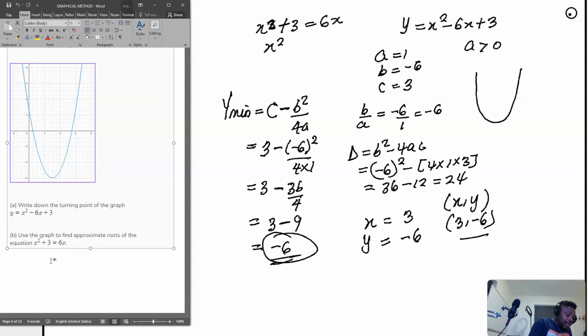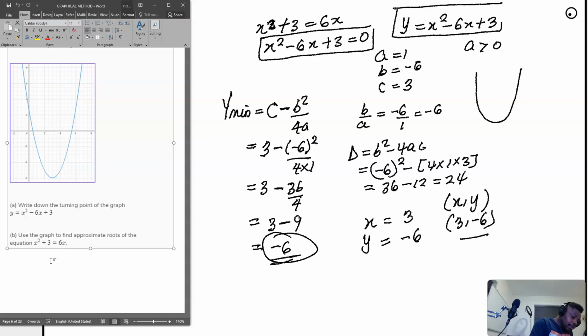This is x squared minus 6x plus 3 is equal to 0, right? If you compare it to what we have, this is the curve, y. So you can see left hand side here is equal to left hand side here, and right hand side y is equal to 0.